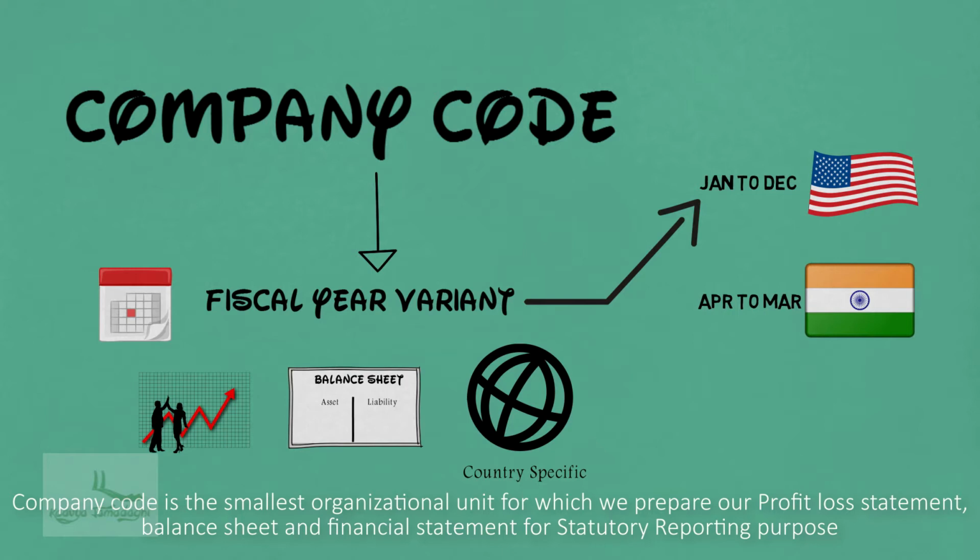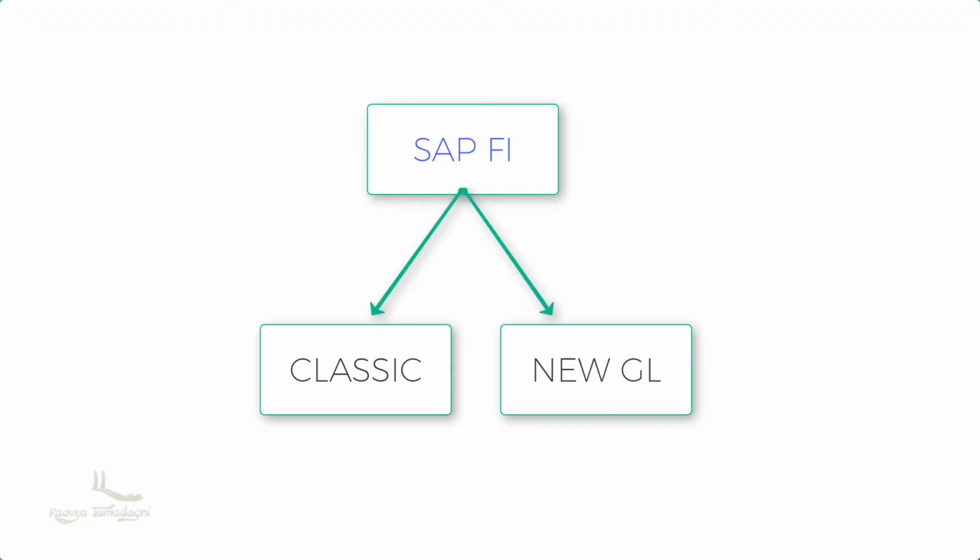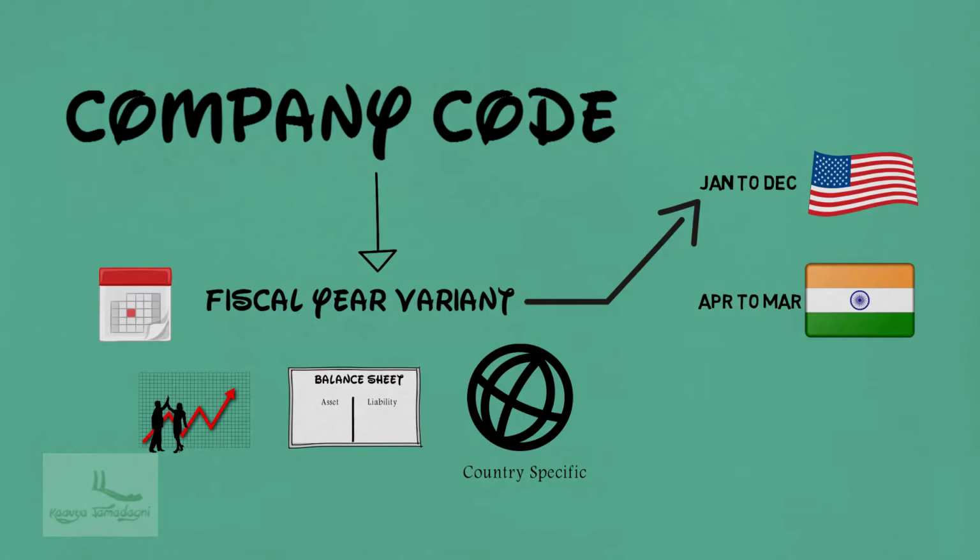To clear the air, in SAP Financial Accounting, we have two things: Classic Financial Accounting and New Financial Accounting. In our learning, first we learn Classic Financial Accounting and then we slowly transition to New Financial Accounting.